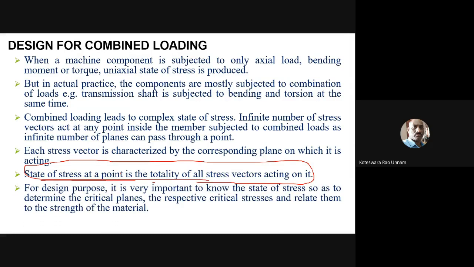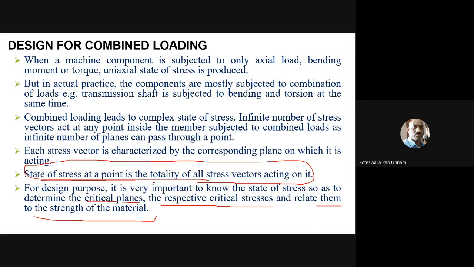For design purposes, it is very important to know the state of stress so as to determine the critical planes and the respective critical stresses, and relate them to the strength of the material. If you are designing a component based on strength, you need to first identify the critical stress value. Generally we will design for the critical stress only.